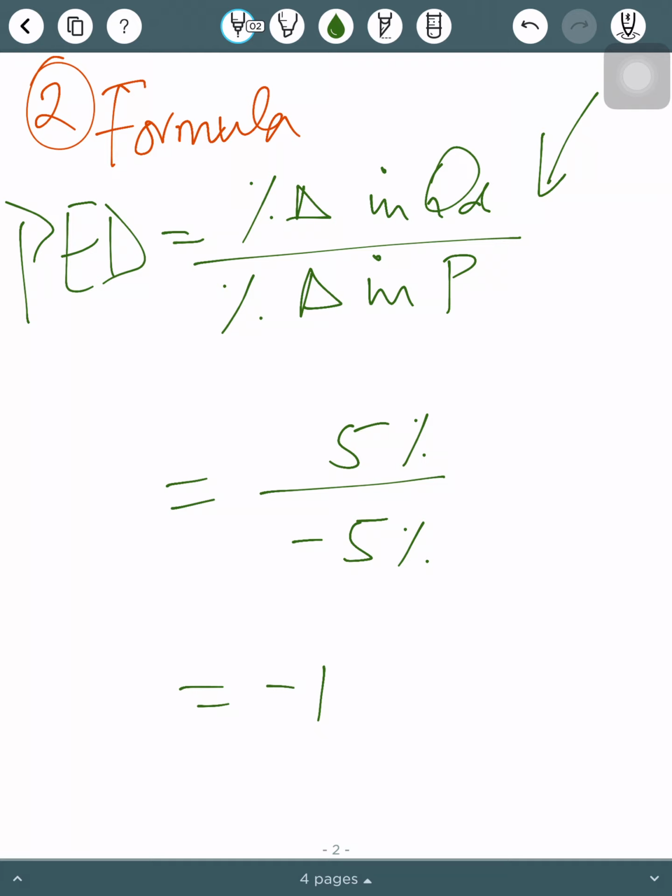Or if its price goes up by, let's say, 8% and as a result the quantity demanded goes down by 8%, you'll again get the answer 1. So to get the value of PED 1, there should be the same value for the percentage change in price and the same value for percentage change in quantity demanded.